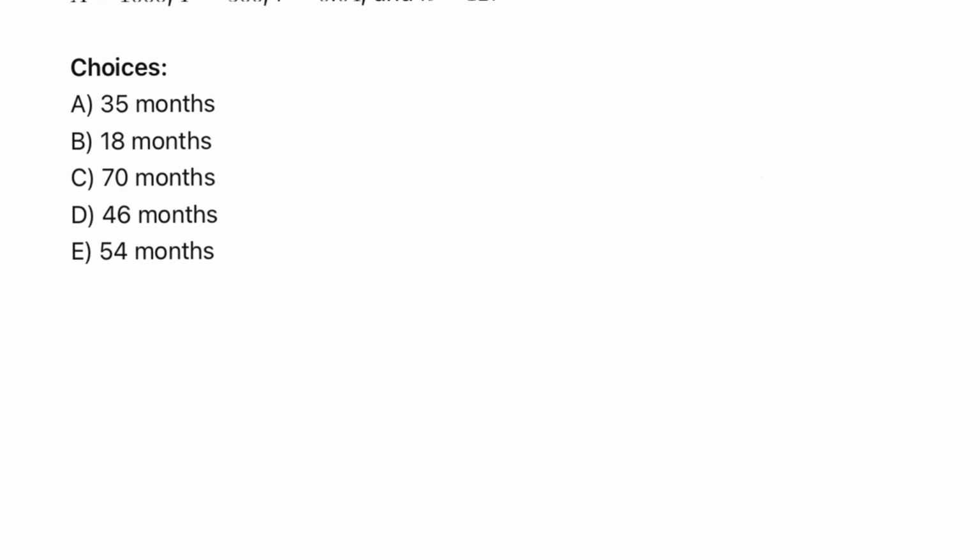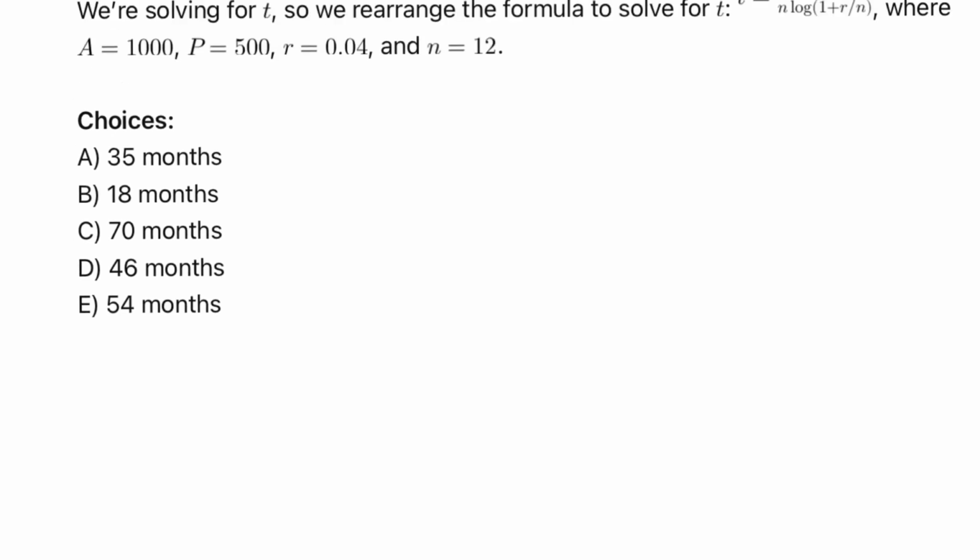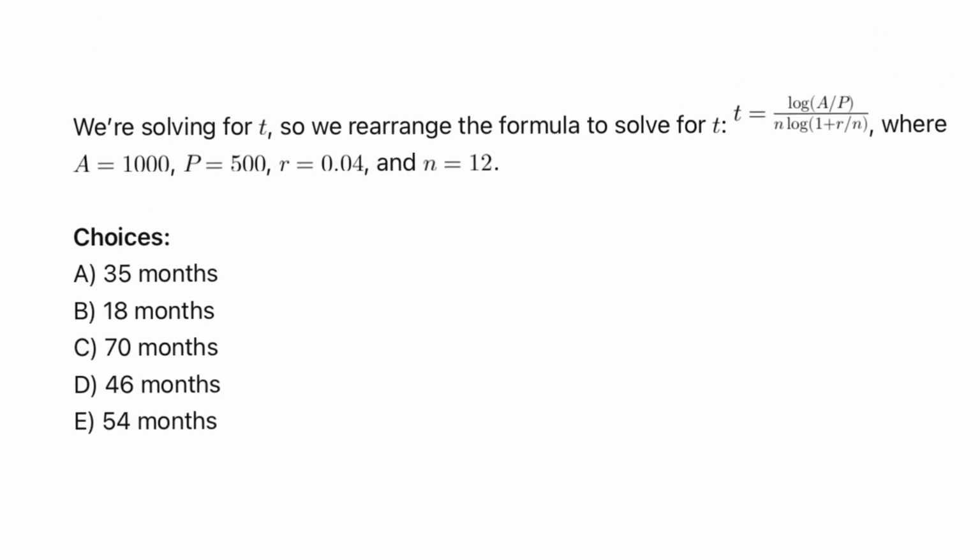Our next one, in this particular problem, the future value of an amount of money deposited at an interest rate is equal to the present value times 1 plus the interest rate divided by the number of terms that is compounded over, raised to the number of terms that we're dealing with on this.